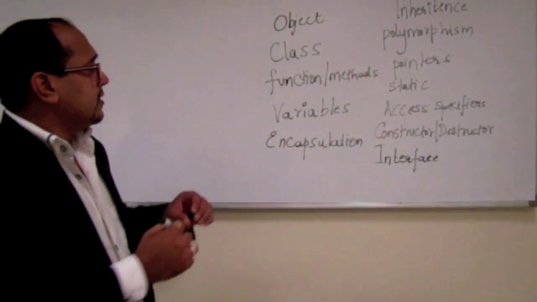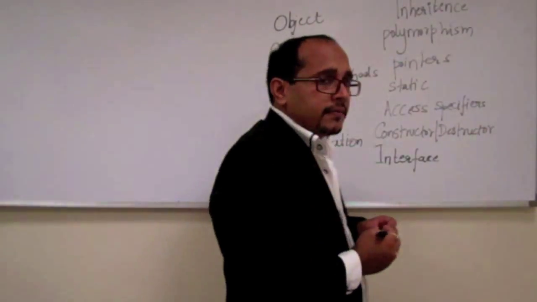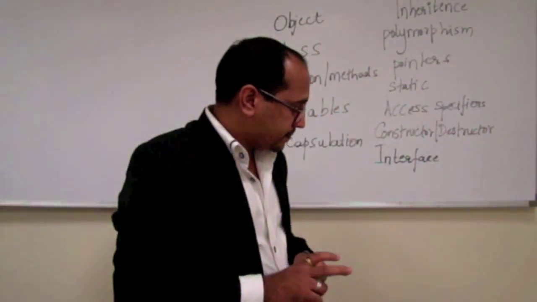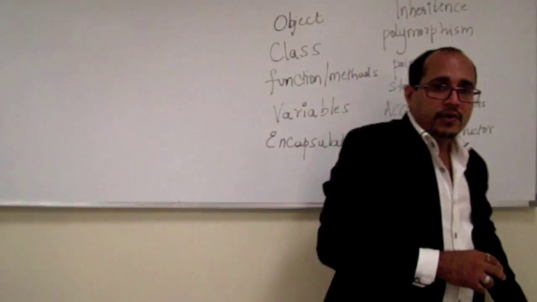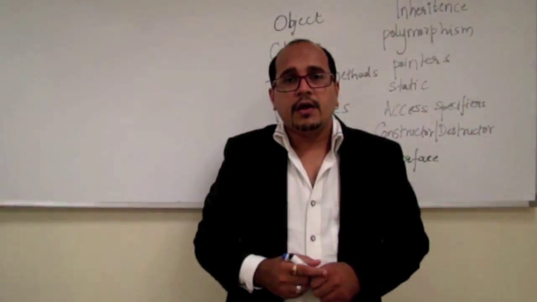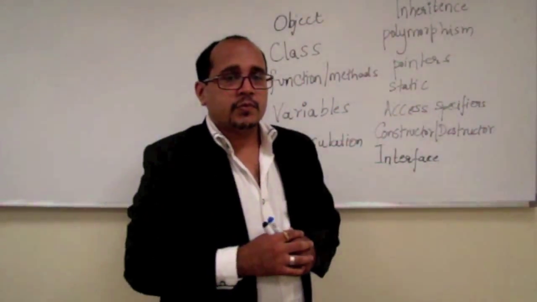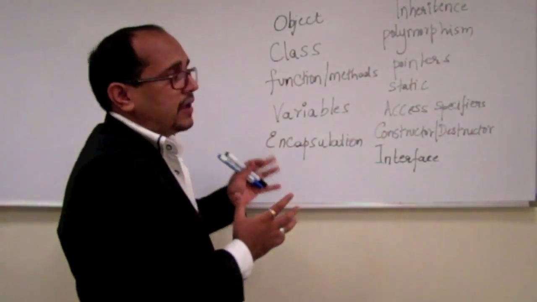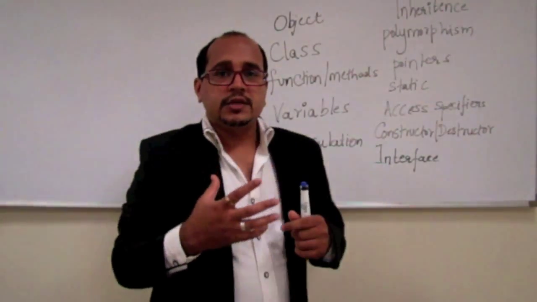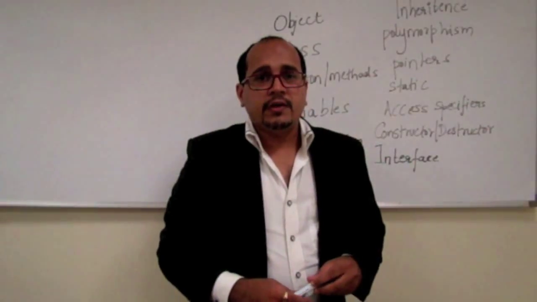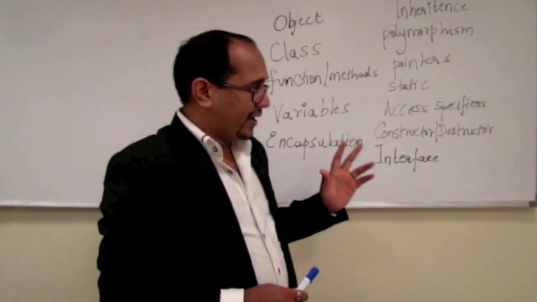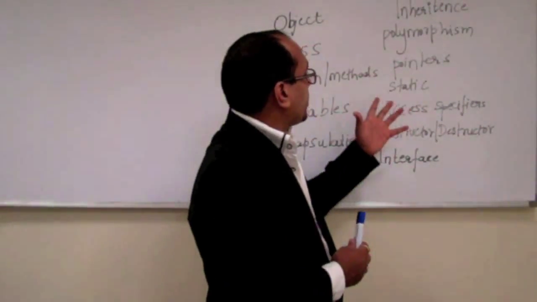So all of this comes to your mind when we say programming language. Now, most of these terms are towards the object-oriented concept, whereas a few you can find in C, mostly pointers and variables.